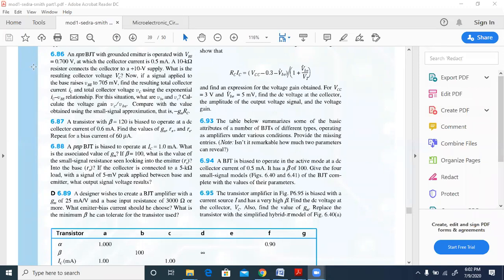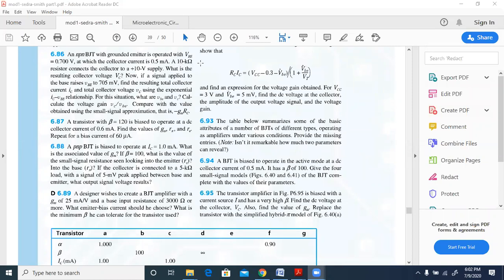So this VBE is 0.700 volts, at which the collector current is 0.5 milliamperes. Since we say at which, the collector current also is the DC value, capital IC. So you write down VBE equal to 0.7, capital IC equal to 0.5 milliamperes.